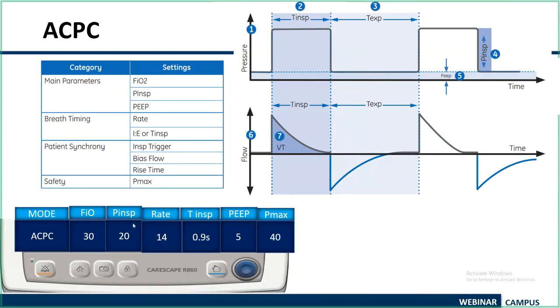But in the majority of ventilators, like the GE ventilator, it will be the inspiratory pressure, so it will already include the PEEP. That means you don't have to add it. Whatever the P inspiration is, that will be the plateau pressure. Here, this P inspiration is above the PEEP, so to see the plateau pressure, it will be P inspiration plus PEEP.